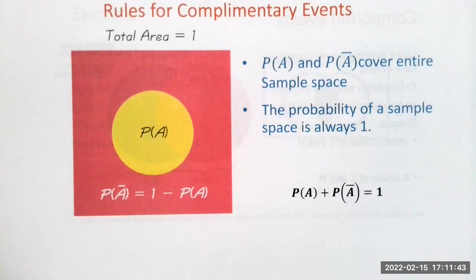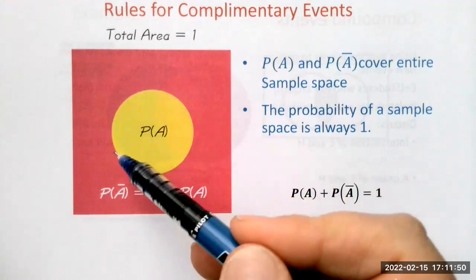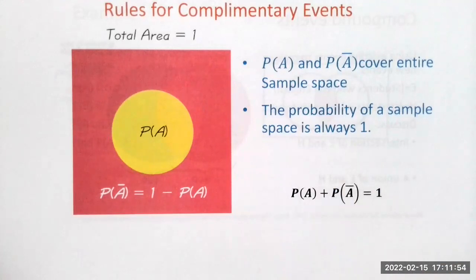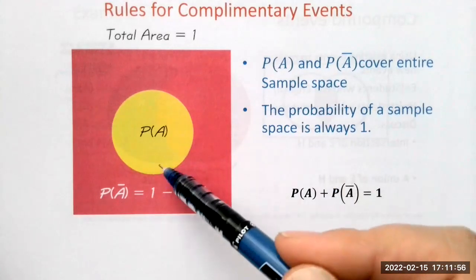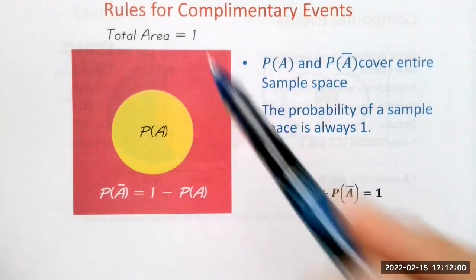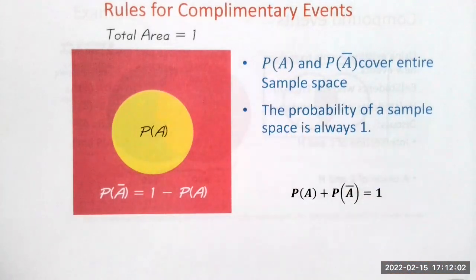So let's formalize it. Rules for complementary events. The total area of the square is 1. In other words, the probability that something will happen, either the event or its complement, is 1, or 100% chance.